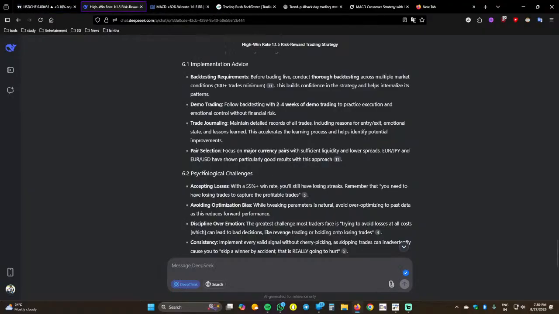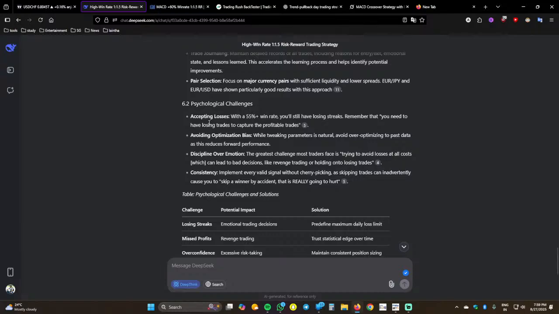And next, psychological challenges. Accepting losses. With a 55% win rate, you will have losing streaks. Remember that. You need to have losing trades to capture the profitable trades. So we will believe in that statistics. We will believe that we'll be losing almost half of the trades that we take.